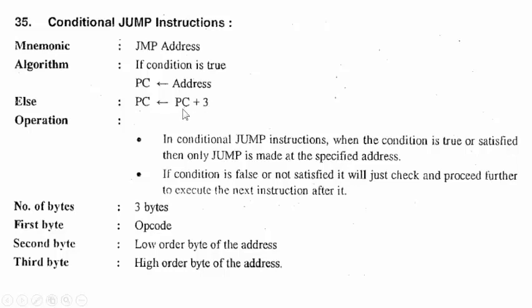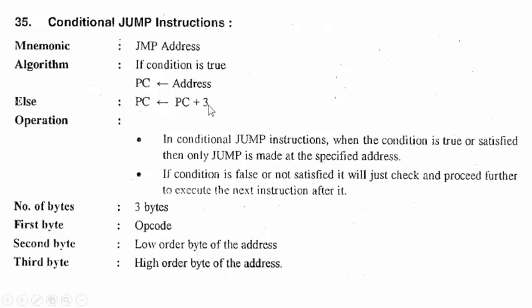That means we can say that PC is equal to PC plus 3. Why PC plus 3? Because this jump instruction requires 3 bytes or 3 memory locations, and after 3 locations you will find the next instruction. So if the condition is not true, the processor should skip this particular jump instruction, or 3 locations. That's why PC is equal to PC plus 3.